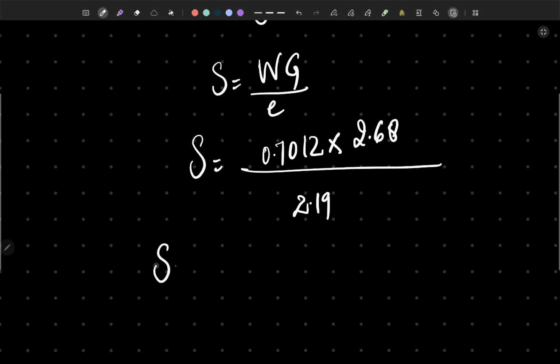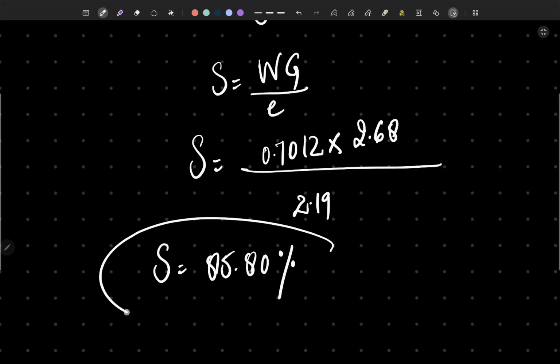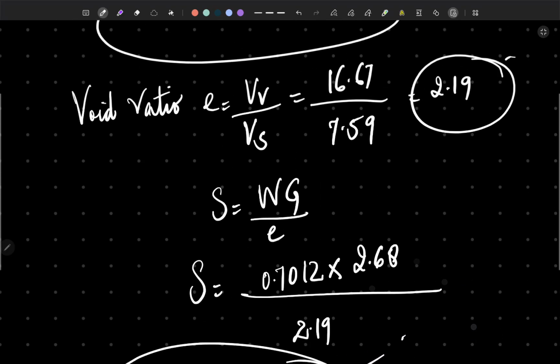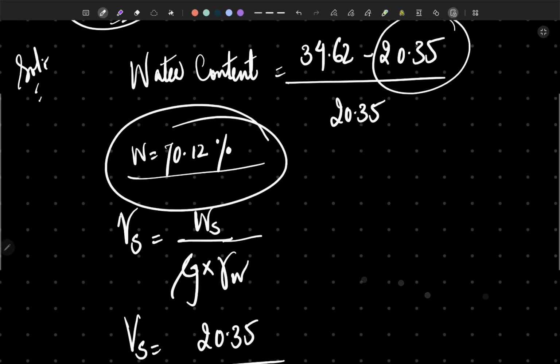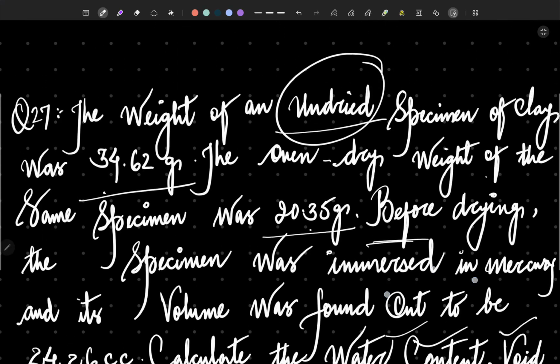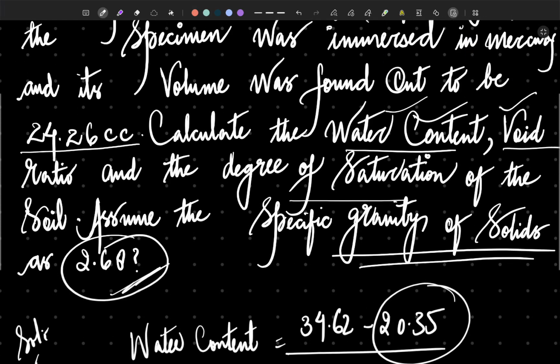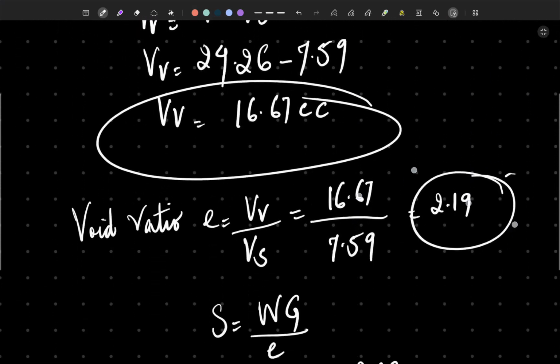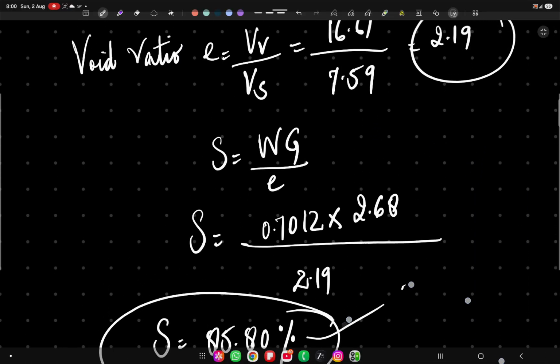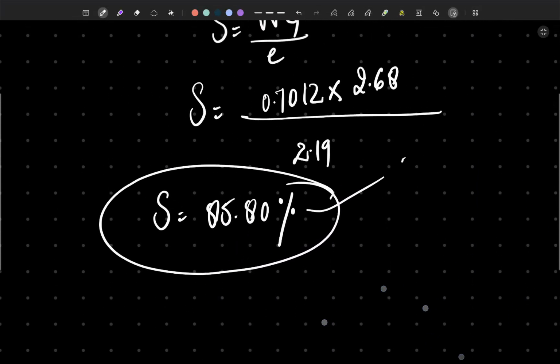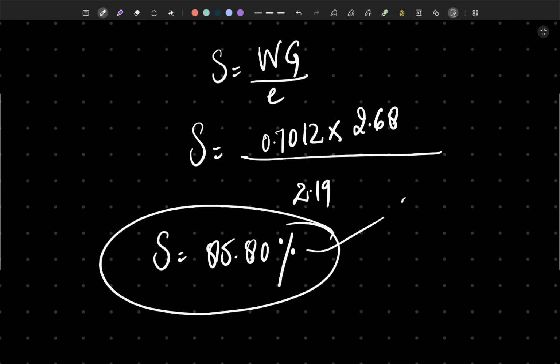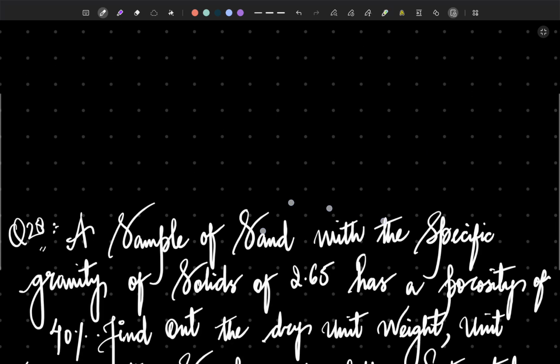So degree of saturation is equal to 85.80%. This is how we solve this question. We have found all the parameters: water content, void ratio, degree of saturation. With this, we have completed this question. Moving on to the next one.